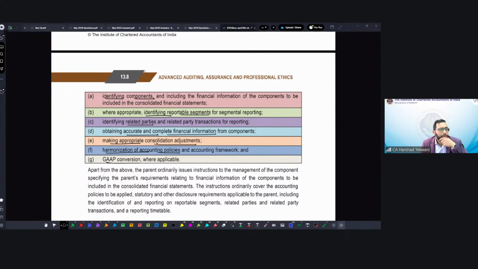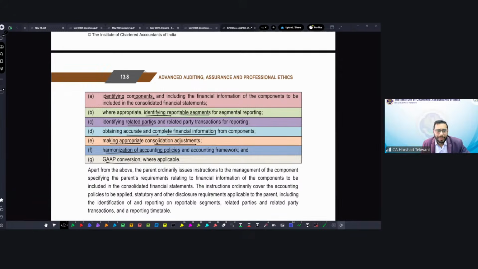Section 129, sub-section 3. Yes, absolutely correct.